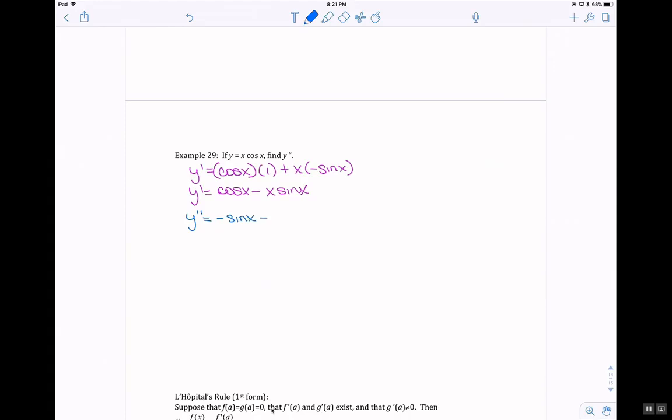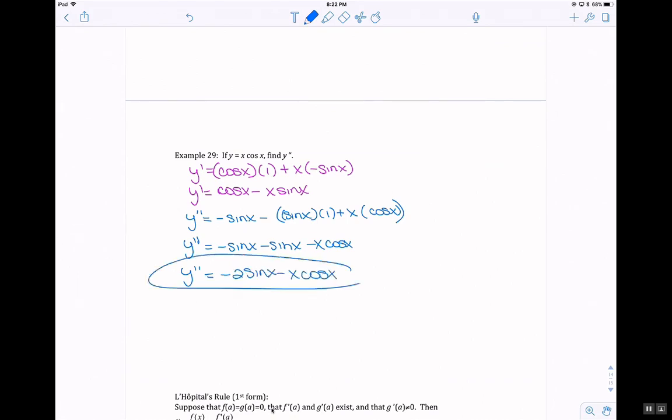Minus a product rule, so sine of x times the derivative of x, which is 1, plus x times the derivative of sine, which is cosine. So y double prime is negative sine of x minus sine of x minus x cosine of x. So y double prime is negative 2 sine of x minus x cosine of x.